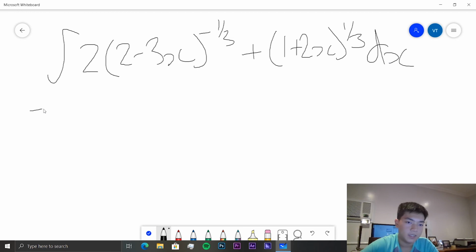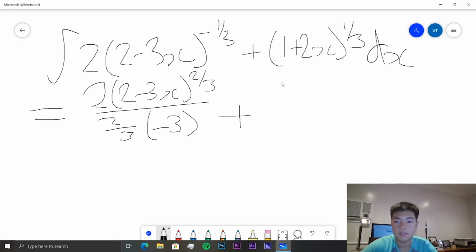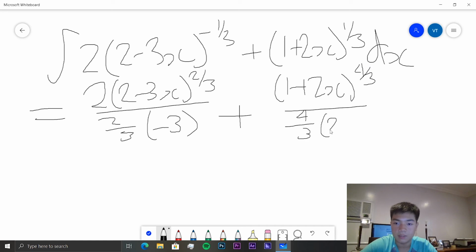So this is equal to 2 times 2 minus 3x to the 2/3 over 2/3 times minus 3, plus 1 plus 2x to the 4/3 over 4/3 times 2.